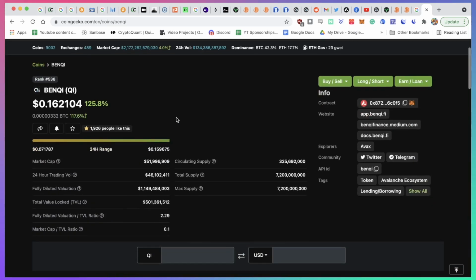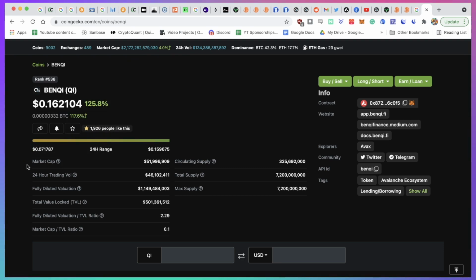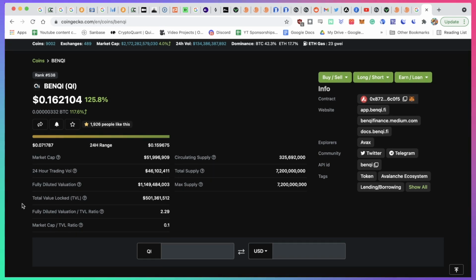So the current market cap is at $51 million. So it's not a micro cap, but it's still below the $100 million market cap range. That's pretty good. The only thing that I'm not too happy about is that the fully diluted market cap is pretty high. It's already at $1.1 billion. So you have to keep that in mind. Not all the tokens are already in the circulating supply.